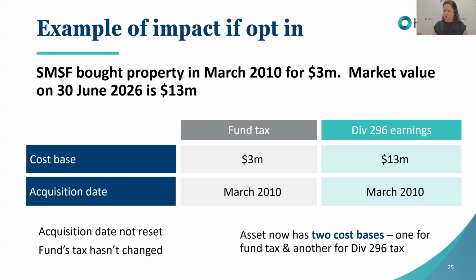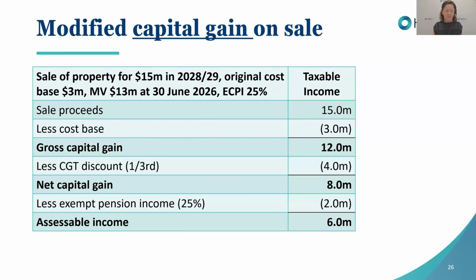And Anthony's going to talk us through how BGL is going to help us keep track of those two different cost bases. But if we have a look at an example of what it means to have two different cost bases, how is this going to benefit the member of this superannuation fund? So let's say we've got an asset that had an original cost of $3 million.